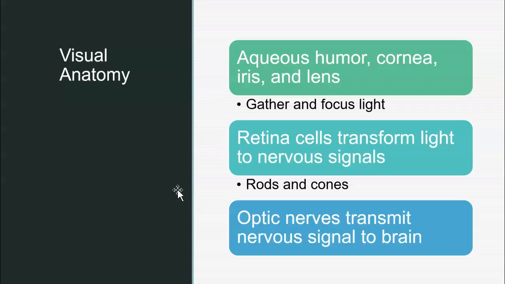The aqueous humor, the cornea, the iris, and the lens gather and focus the light, okay? The retina cells transform light to nerve signals. So the retina takes the light that's coming in and puts it into nerve impulses for the brain. The rods and the cones do this, and the optic nerve transmits these nerve impulses to the brain.